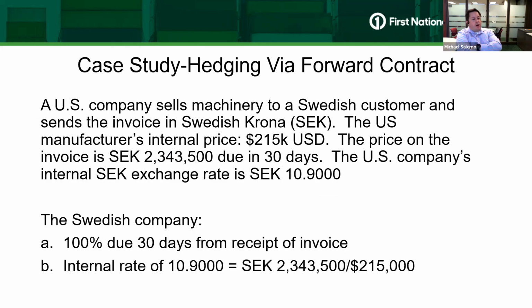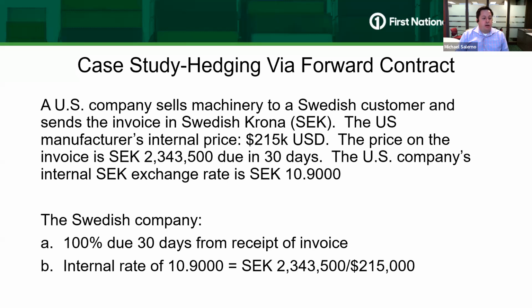So here is how we would help an exporter on a transaction that they're billing. This was a manufacturer of some ag equipment, and they were going to sell into Sweden. In order to win the bid, and this was going to be a large contract for over 5 years, they had to bill in Swedish krona.